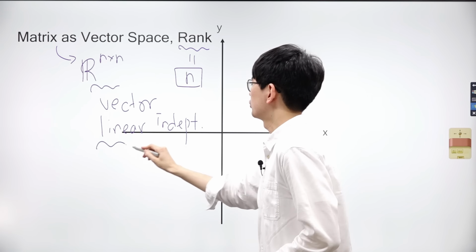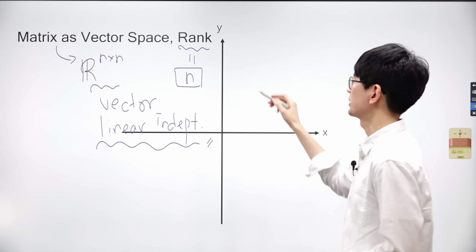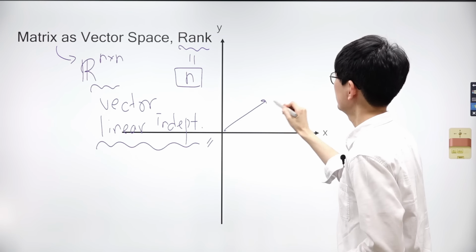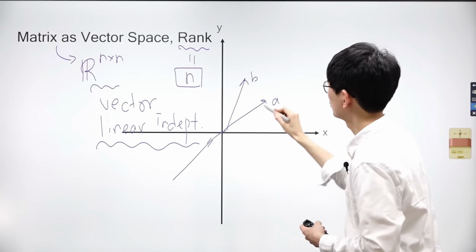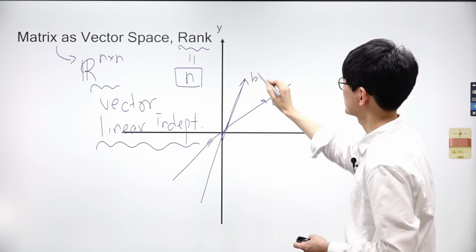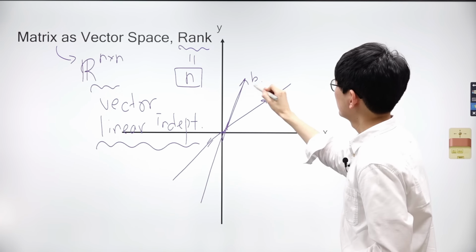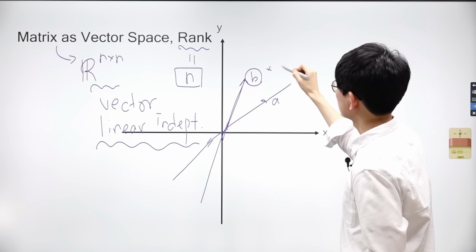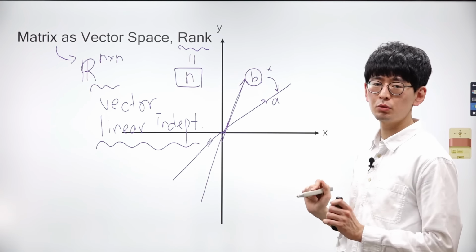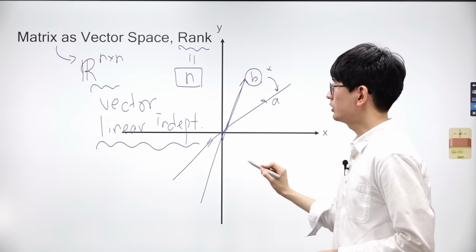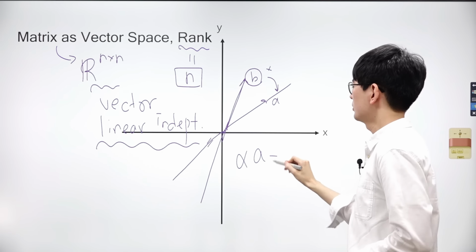Let's explore the mathematical conditions for linear independence. If you have vectors a and b that are linearly independent, each vector should extend along a different line. In other words, the lines extended from each vector should intersect at a point rather than overlap. Conversely, if we can construct vector a by scaling vector b, then these two vectors a and b are linearly dependent.